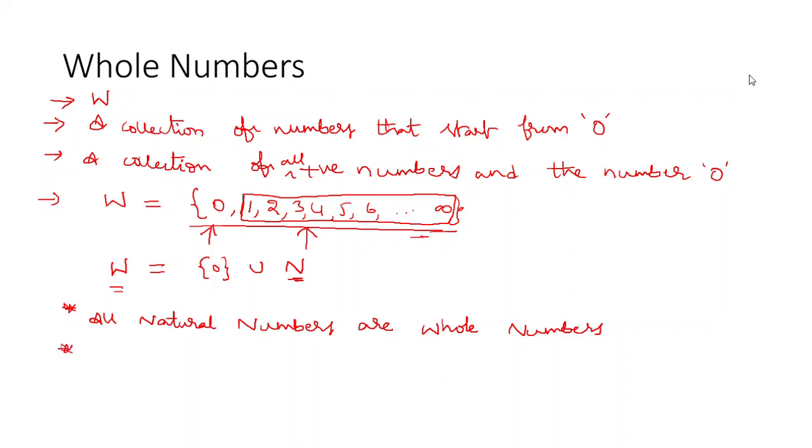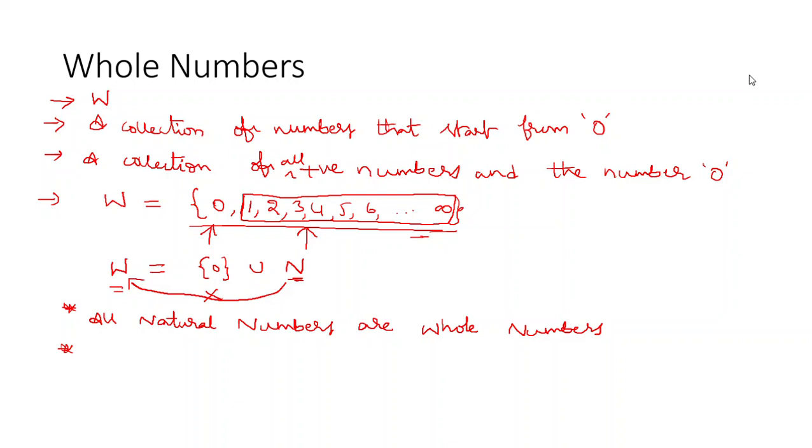But can we say all whole numbers are natural numbers? No, we cannot, because in the natural number set we have numbers that are all positive, and we don't have the number 0.